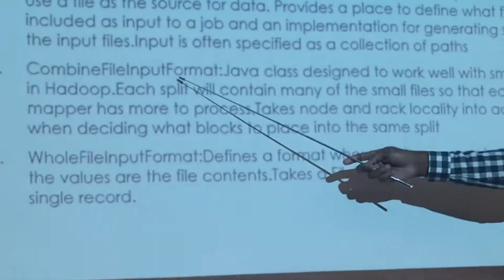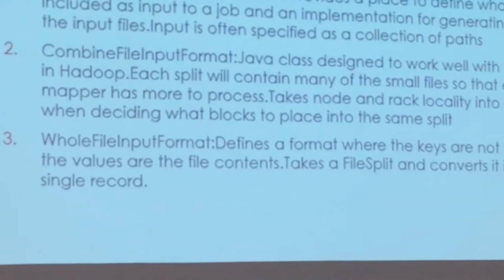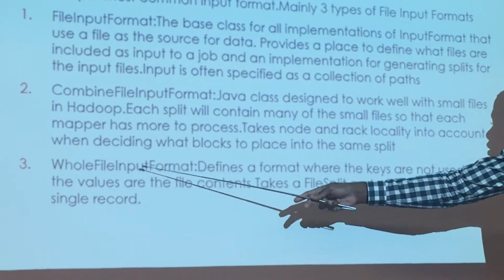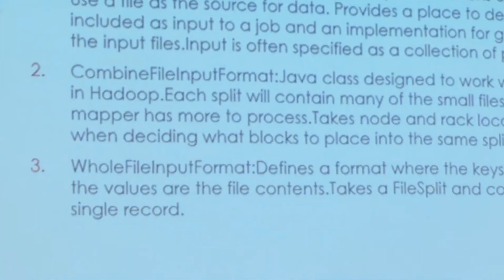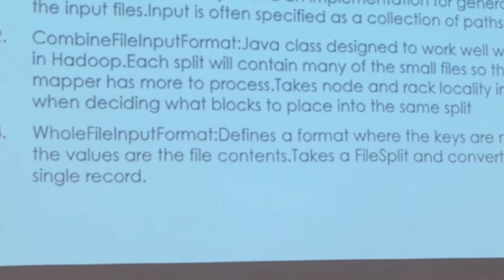Once your node fills up, it switches to another node. So if you have multiple small inputs and records on one node, you'll use your combined input format, and it will combine all those records together and then run the MapReduce process. And your whole file input format takes all your records in your Hadoop database and runs them together in one MapReduce process.